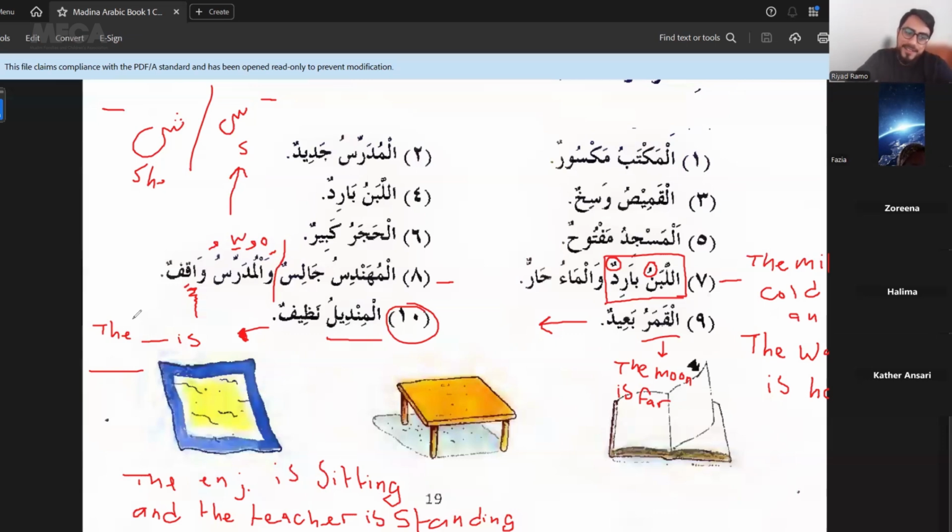Who can help her? The handkerchief? The napkin, same thing. It's the opposite of dirty. Clean. Nadhifun. Very good. Al-mindilu nadhifun. The napkin is clean. You can say kerchief or napkin, same meaning in English.